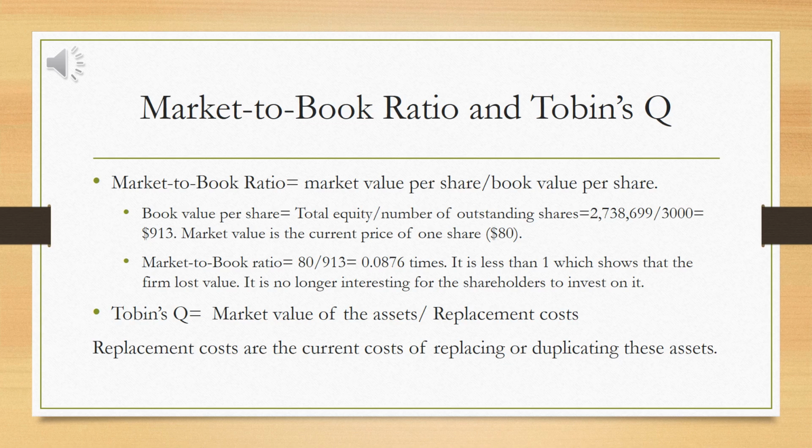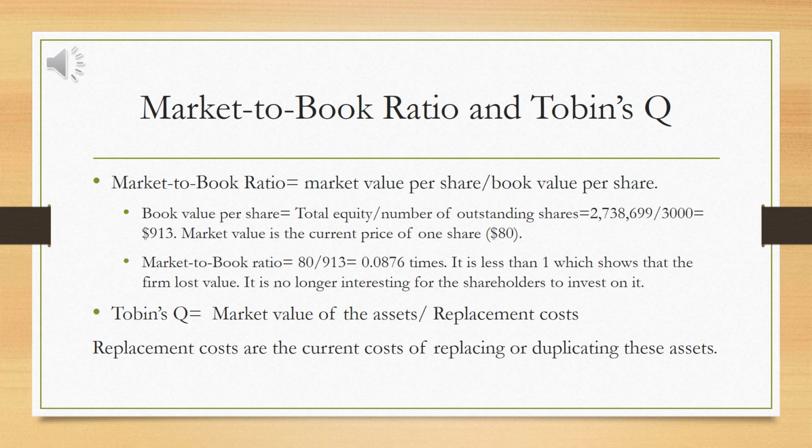Market value is the current price of one share, which is $80. So, market to book ratio equals 80 over 913, which is 0.0876 times. It is less than 1, which shows that the firm lost value. It is no longer interesting for the shareholders to invest in it.